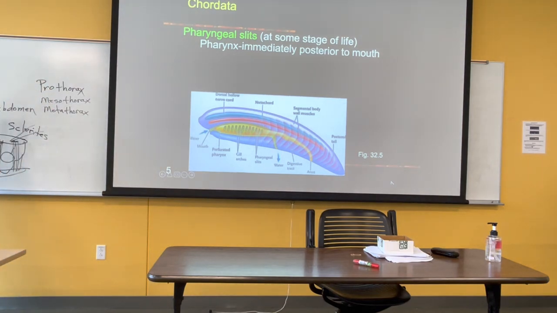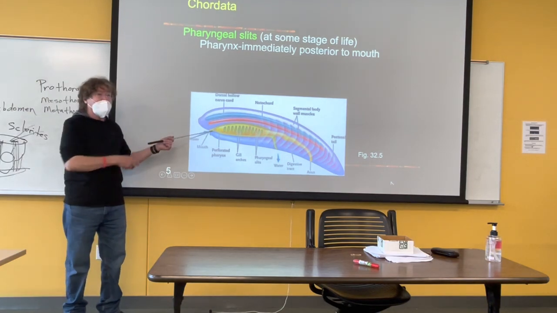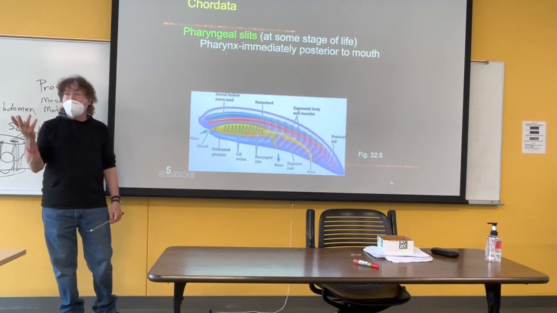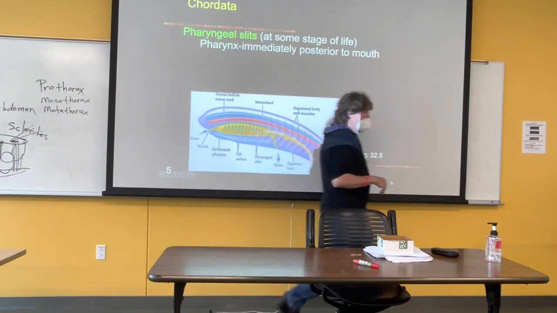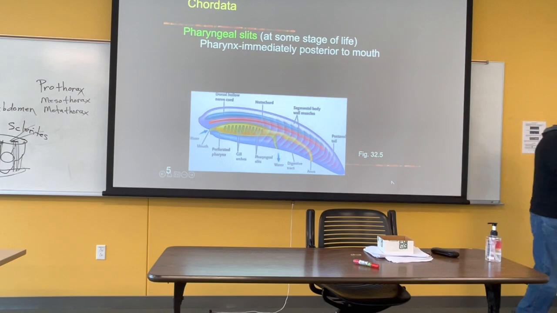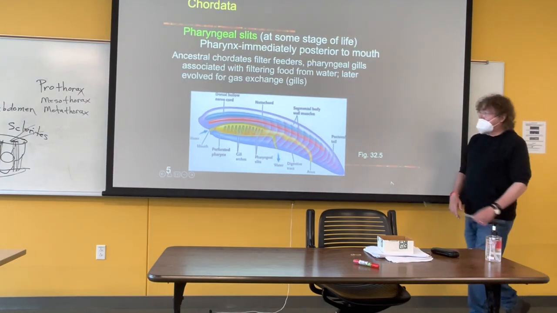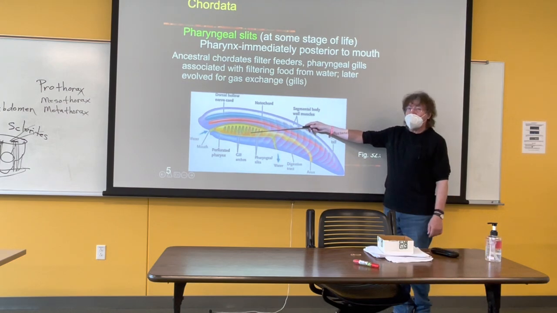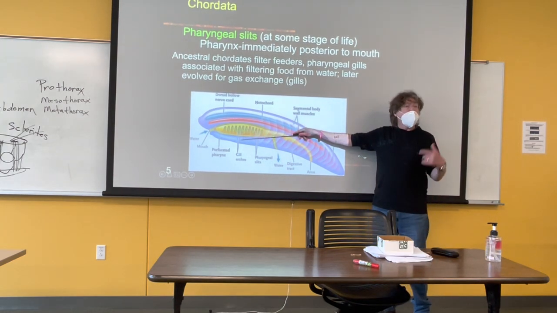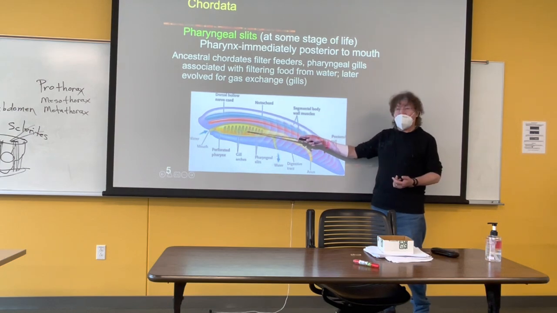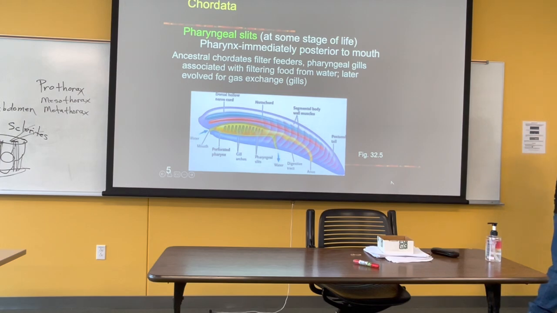Some of the slits' bones articulated, and we'll see that they gave way to our jaws. I'll talk about that a little bit later on. So pharyngeal slits are both for filter feeding and gas exchange. The gills in a fish are derived from these pharyngeal slits.